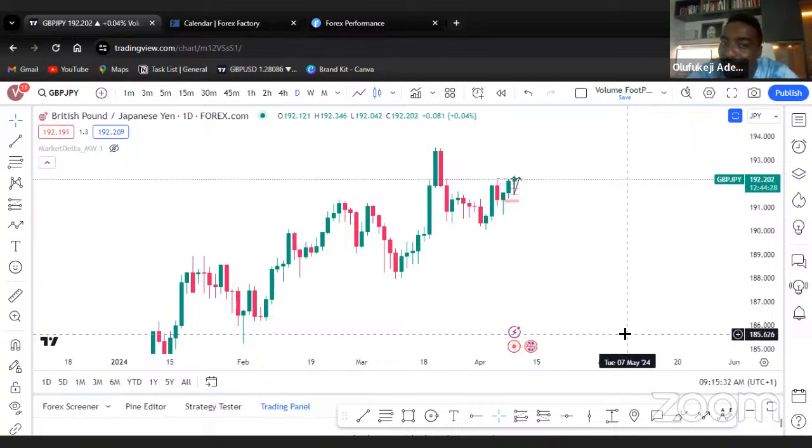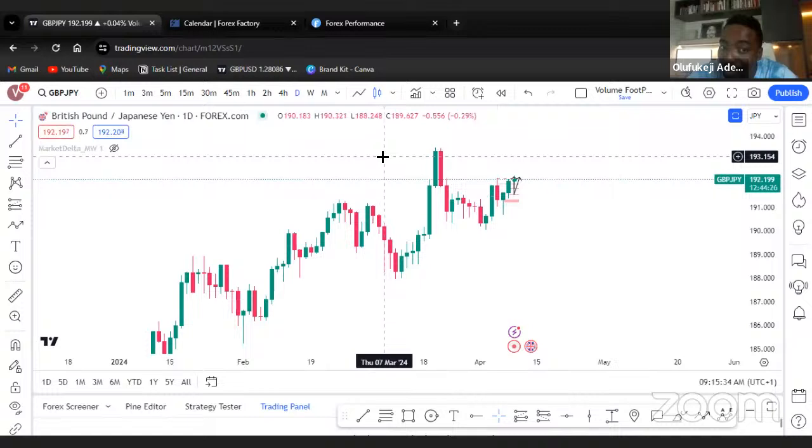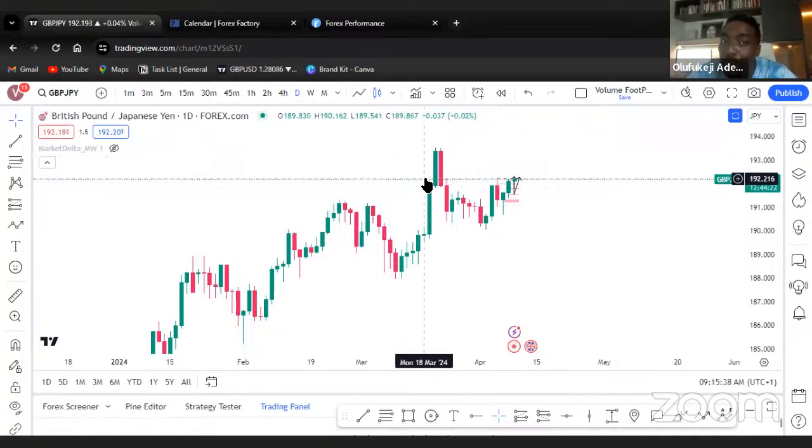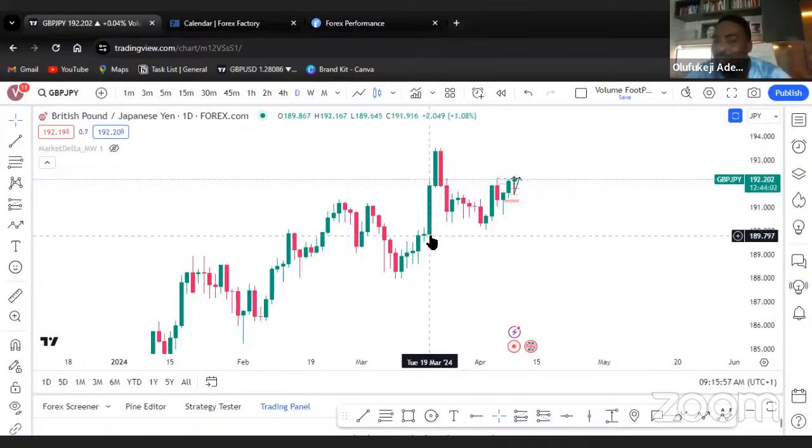Do you see that there are equal highs and the left shoulder? Exactly. You see the shoulder, you see the sweep, you see the break of structure to the downside, you see the equal highs formed, price is now going back. So it may just tap above that 192.21 and come down.